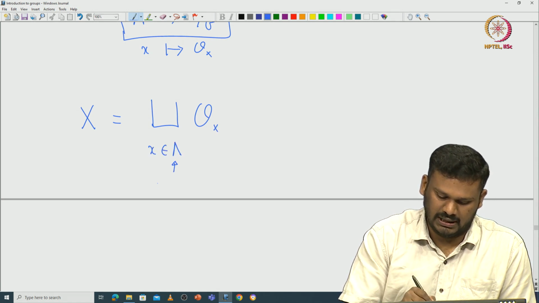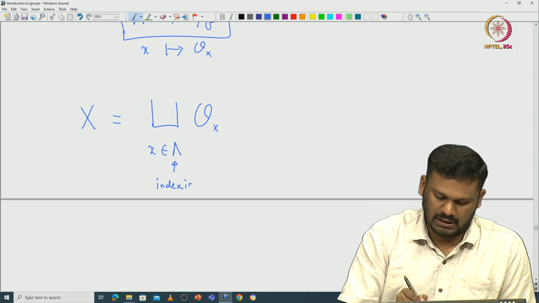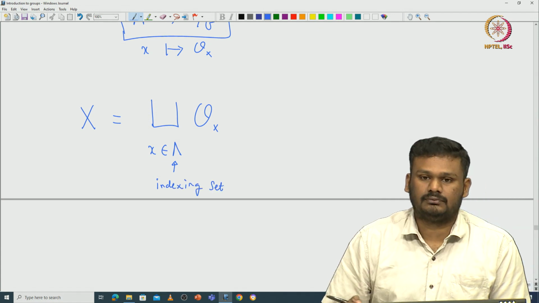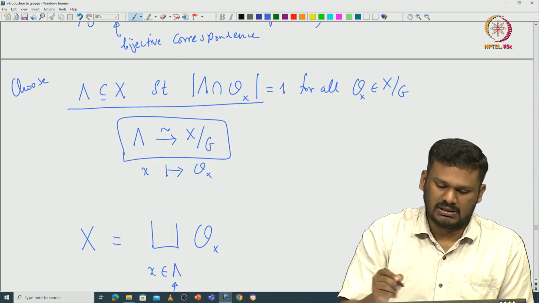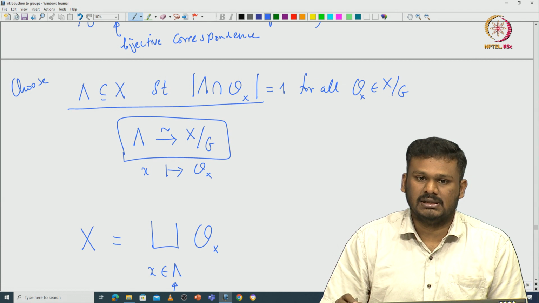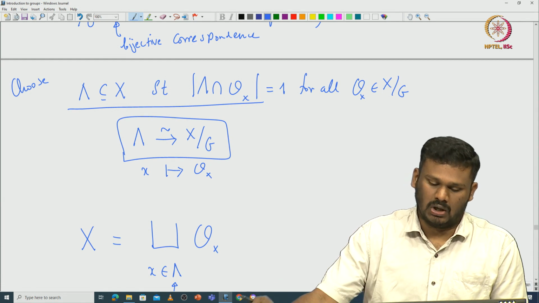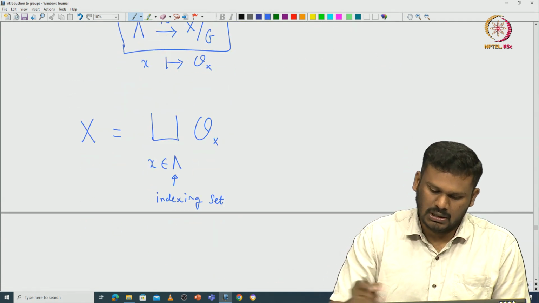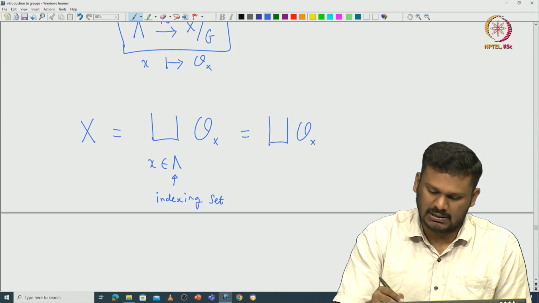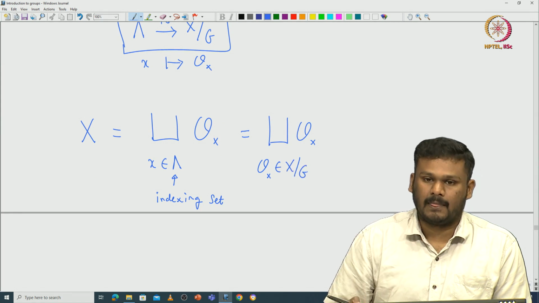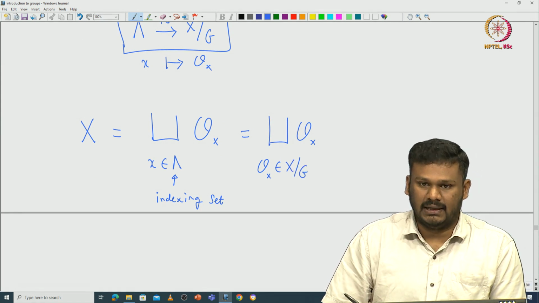This is just the indexing set, which is chosen in such a way that the cardinality of capital Lambda intersection O_x is 1 for all orbits. Sometimes we also write it this way, disjoint union of O_x, where O_x runs over X mod G.